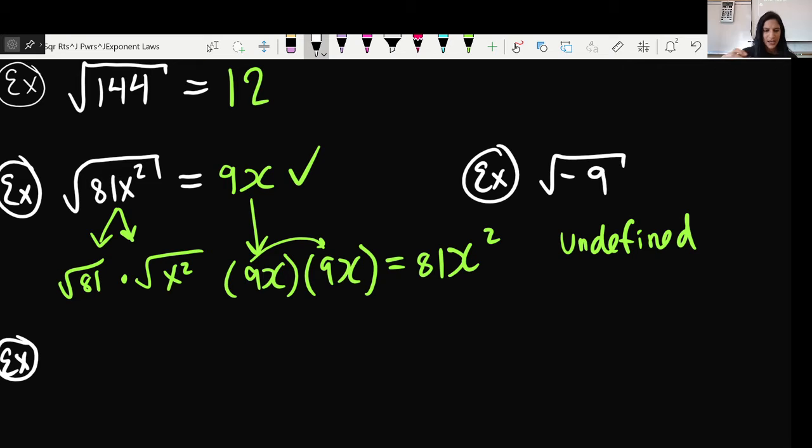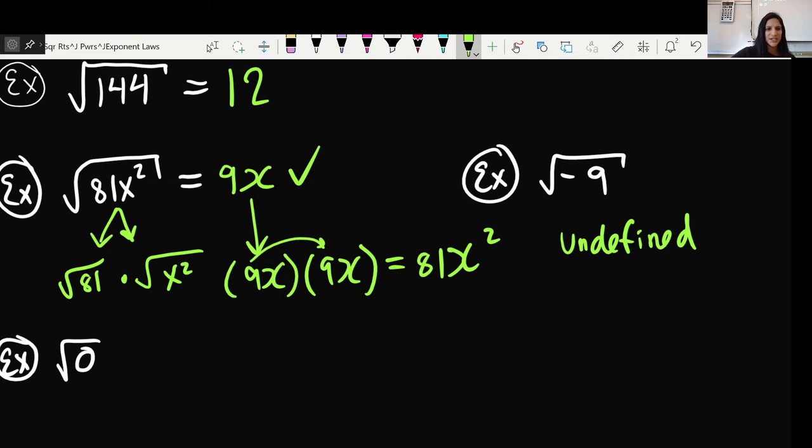Okay, how about the square root of 0? 0's a weird one, even weirder than 1. 1's a weird one because what's the square root of 1? It's just 1. So that's very unique because there's no other number that does that. The square root of 1 is 1.